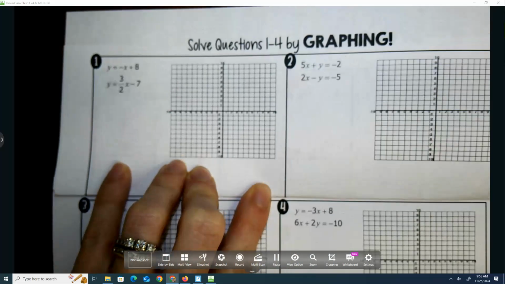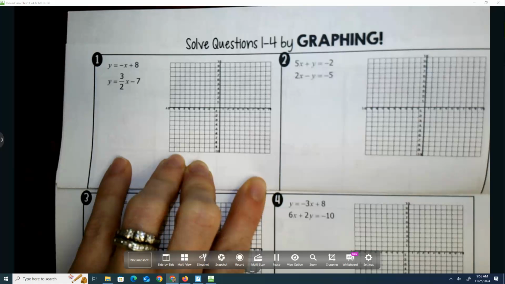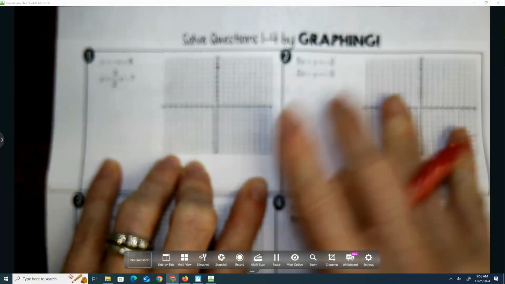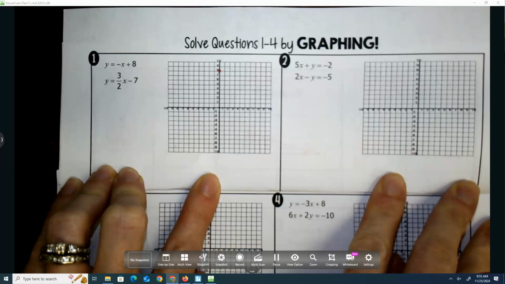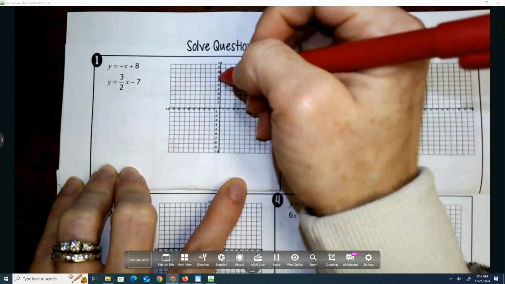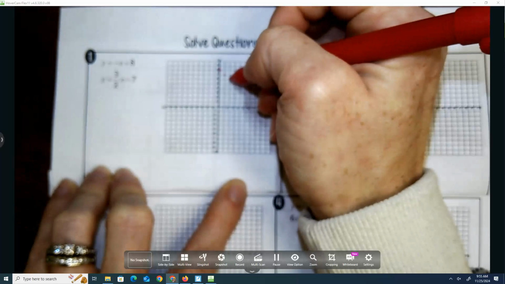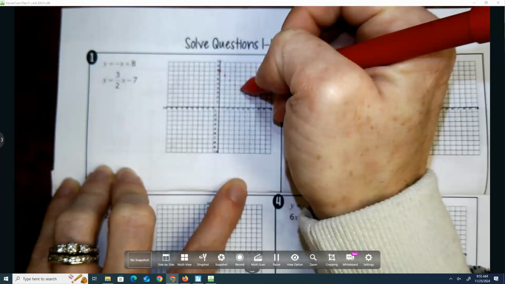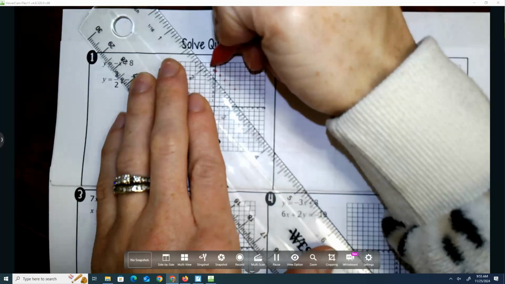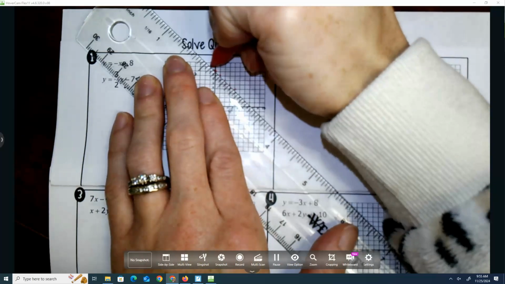You put a point at what first? 8. And then what's my slope? -1. So you can think of that as -1 over 1. Down 1 over 1. So do as many points as you need, then you use your ruler to draw a straight line.